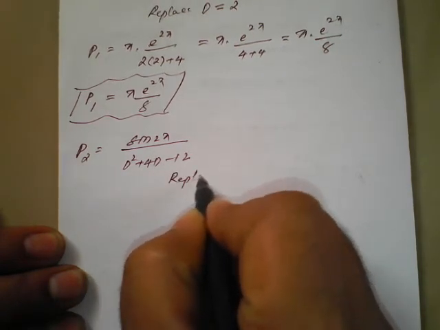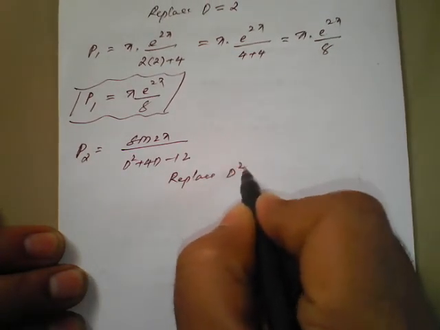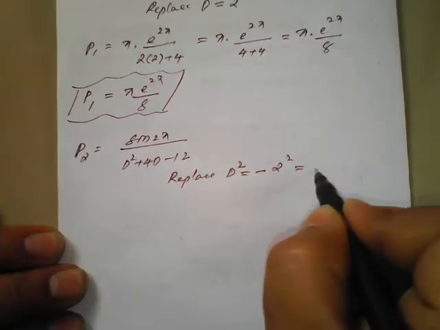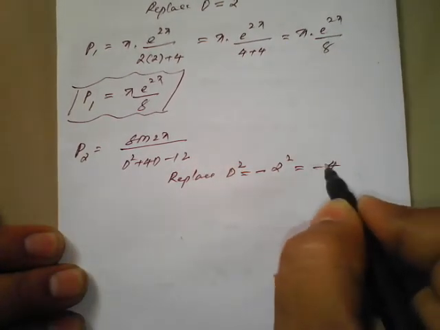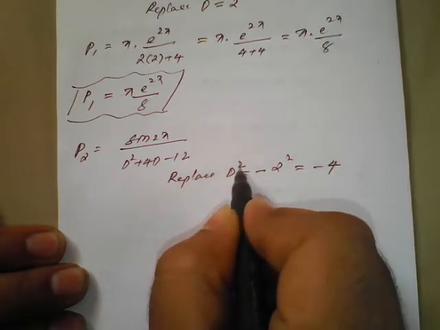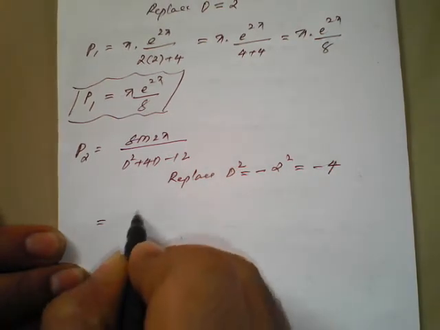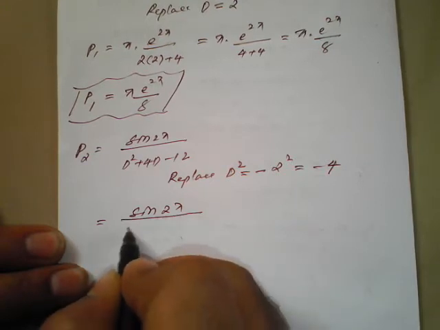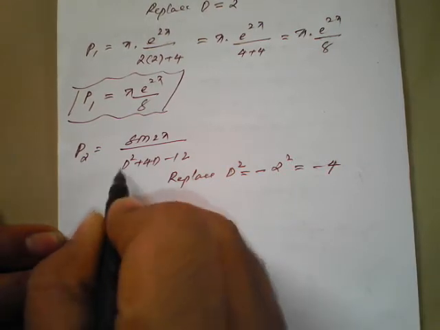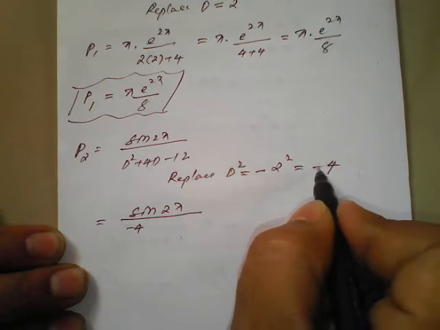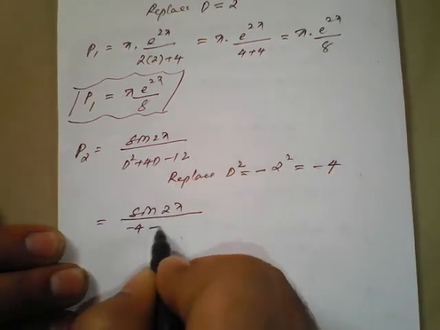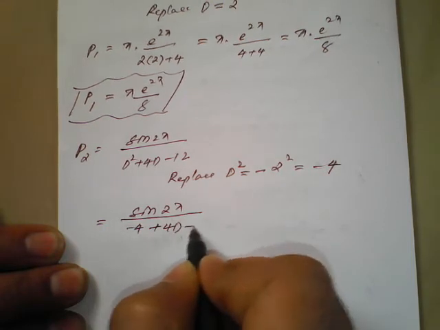So replace d square with minus 2 square, which is minus 4. This minus 4 will replace d square. So sine of 2x divided by minus 4 plus 4d minus 12.